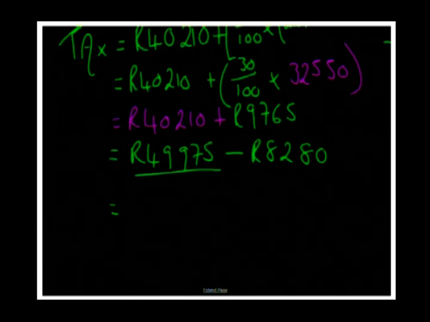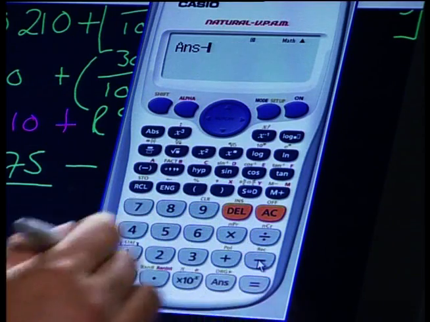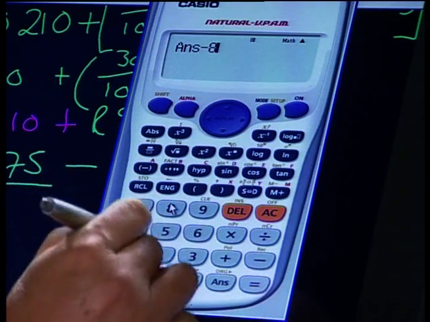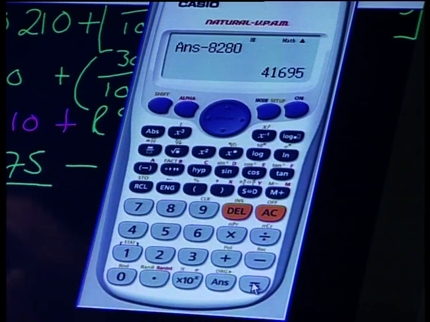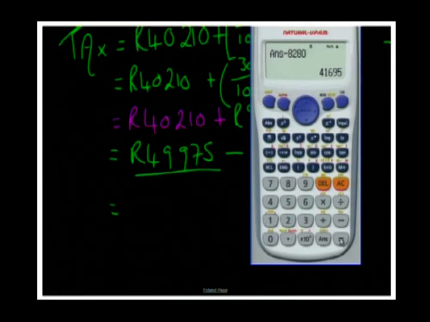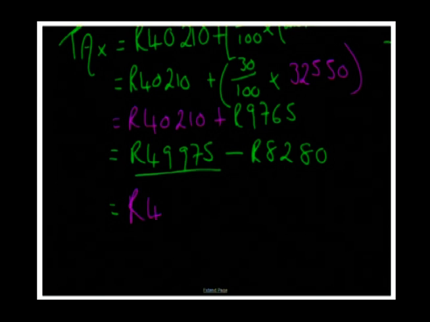So, what is my taxable amount? Let's have a look. We've got the 49,975 Rand. We're going to subtract the 8,280 Rand, and we're going to land up with an amount of 41,695 Rand. I'm going to put that in like a luminous pink because it's such a wonderful answer.